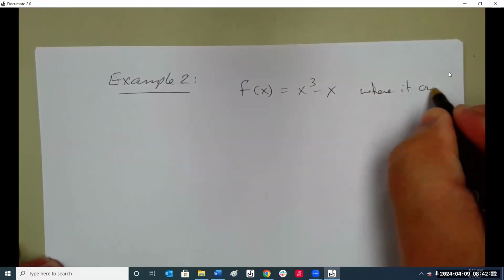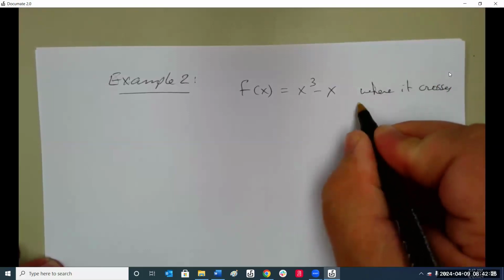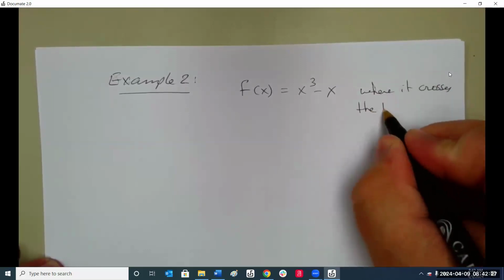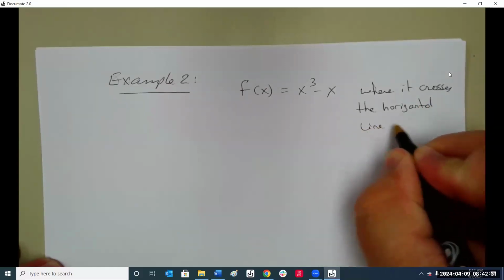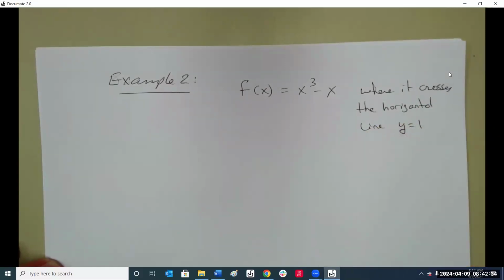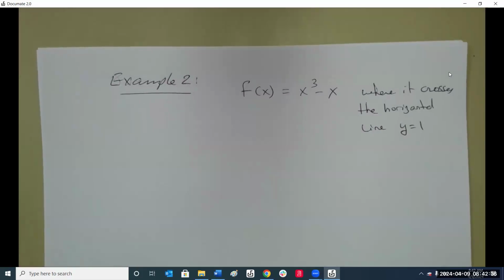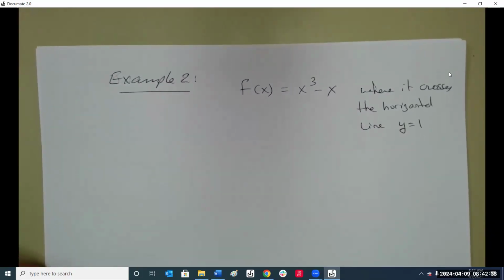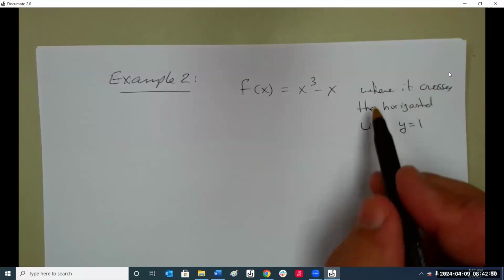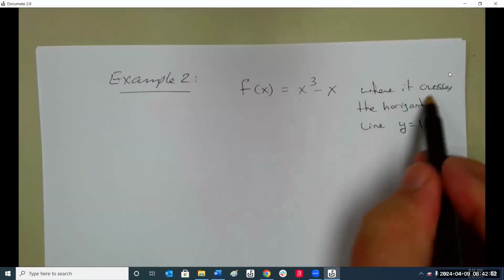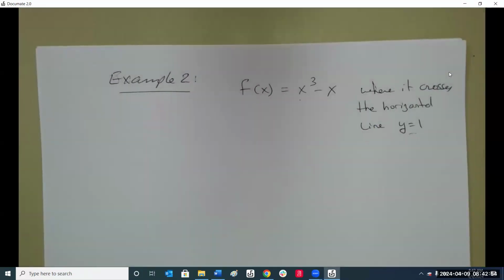Where it crosses the horizontal line y equals 1. So find the x coordinate of the point where this function crosses the line y equals 1.